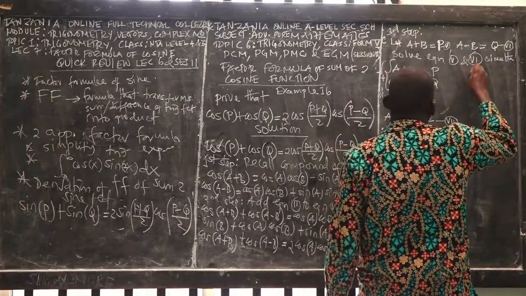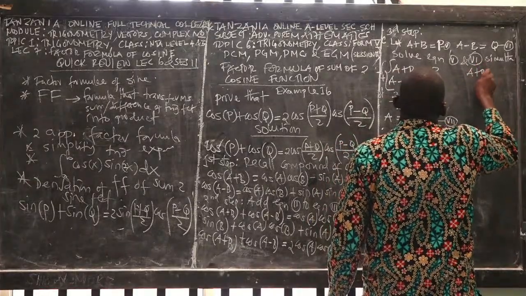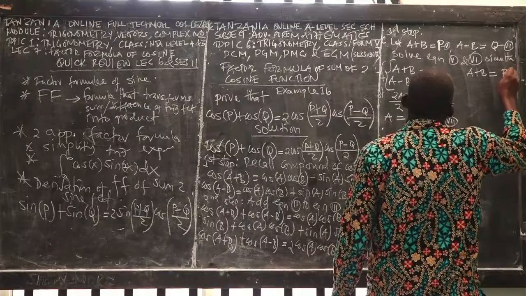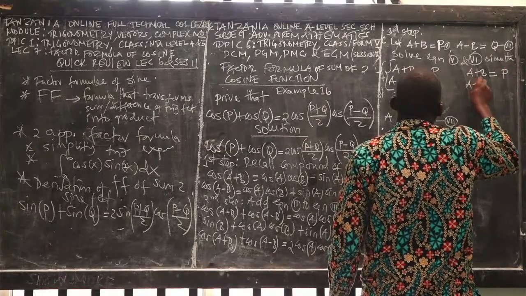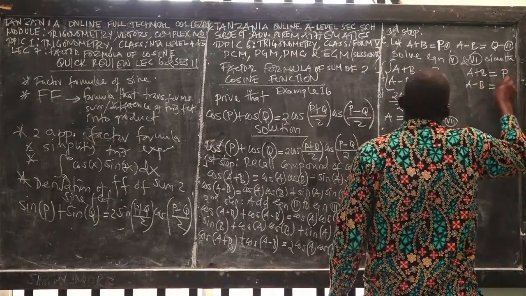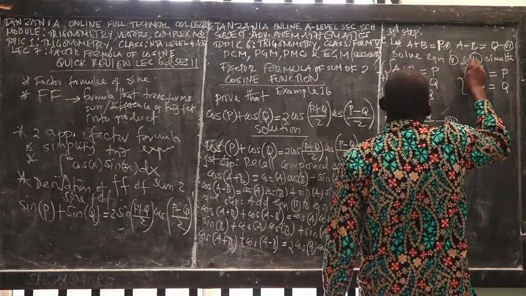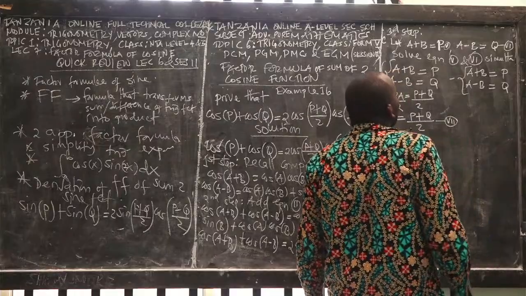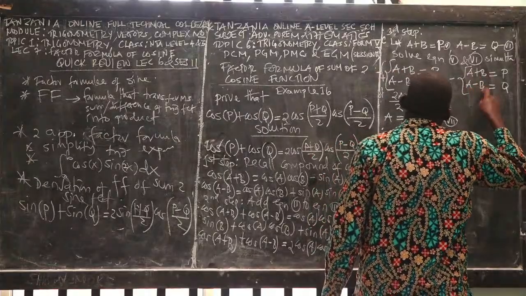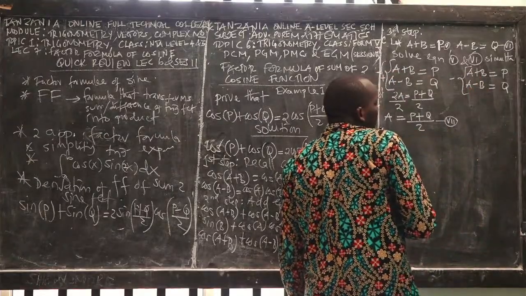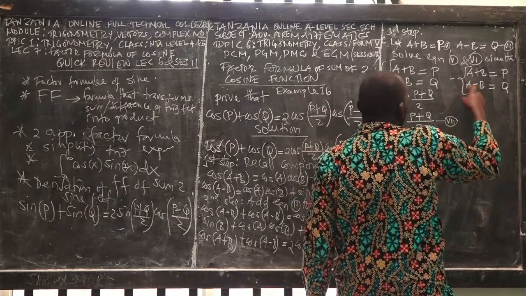Again, we have A plus B is equal to P. And we have A minus B is equal to Q. So, let us subtract. A plus B minus A minus negative B. So you get A minus A, 0.